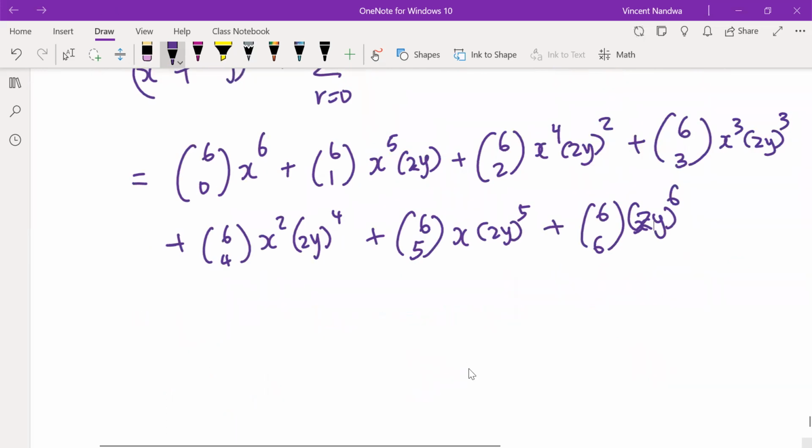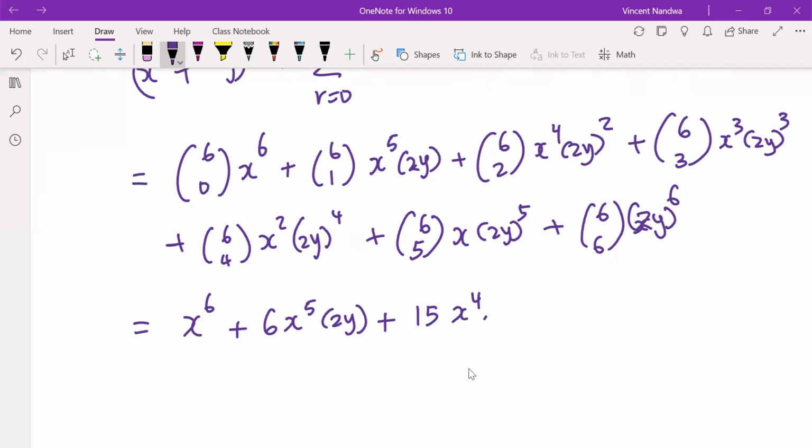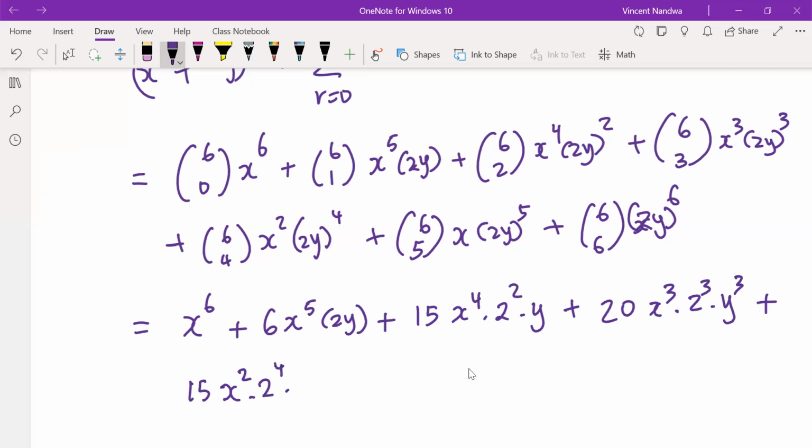Now, this will give us 6 combination 0 is 1. So we just have x power 6. 6 combination 1, we get 6, and then x power 5 times 2y. 6 combination 2 is 15, x power 4 times 2 power 2 times y squared. 6 combination 3 is 20, and then we have x power 3 times 2 power 3 times y power 3. 6 combination 4 is 15, x power 2, 2 power 4, y power 4. 6 combination 5 is 6, x, and then 2 power 5, y power 5.